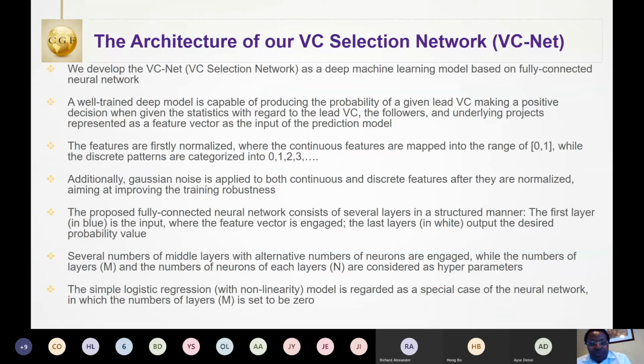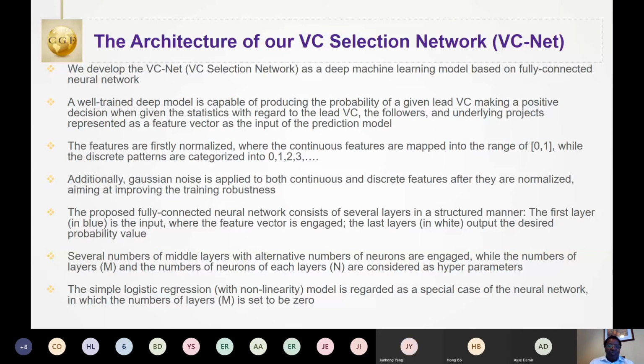How do we do it? We explain here the architecture of our VC selection network, which we call VCNet. We develop this venture capital selection network as a deep machine learning model based on fully connected neural networks.